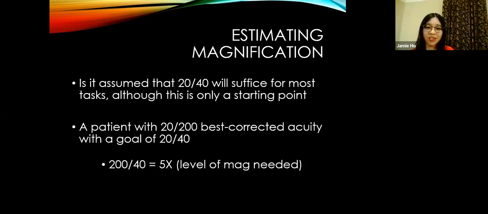If I looked at a calculation like this, I'd say okay, we try the 4, we try the 5, we try the 6. We try all the numbers around it. Remember, the higher the power of the magnification, the closer the patient has to bring it, and not all patients are comfortable with that. My rule of thumb is generally to prescribe the least amount of usable magnification.